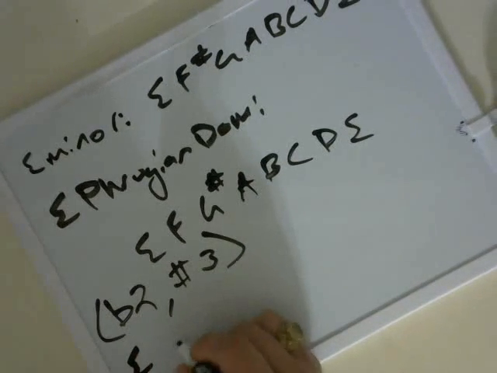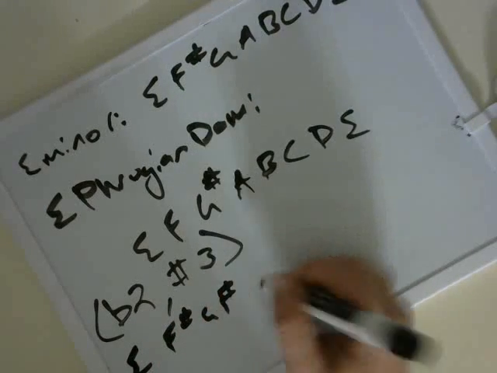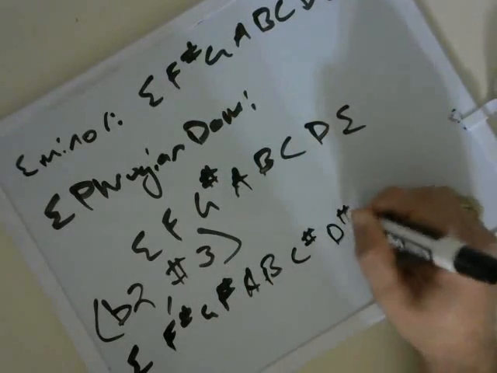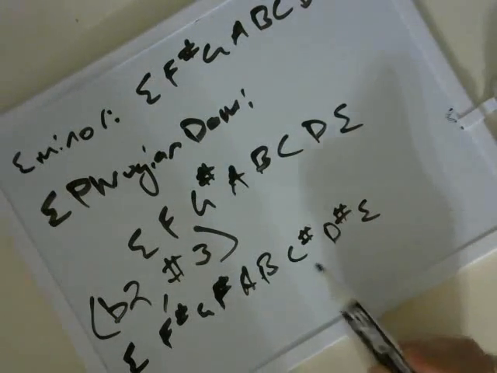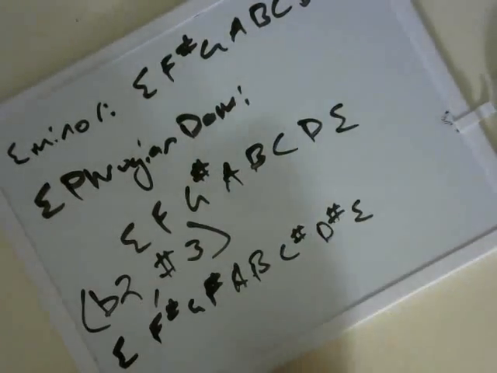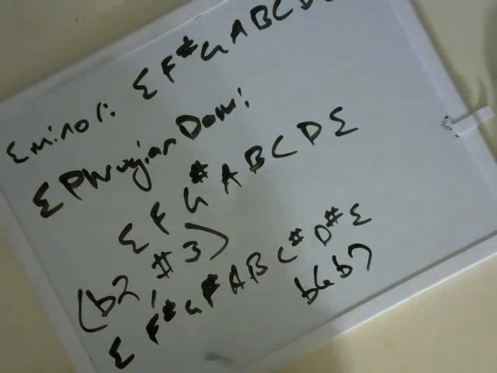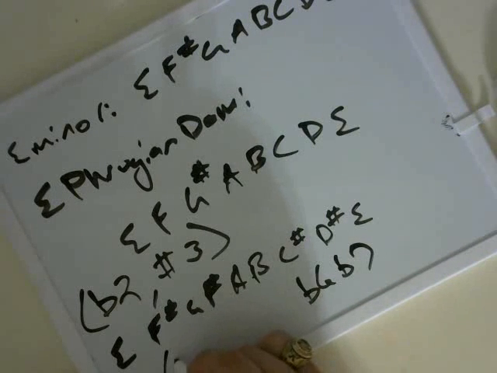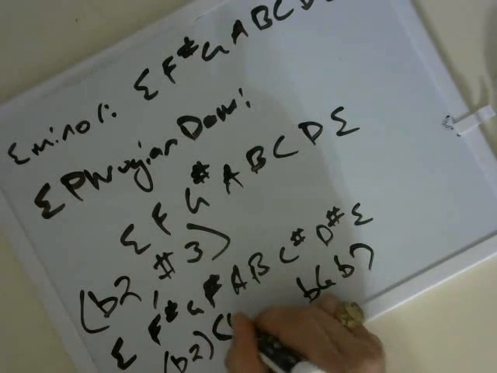So that's E, F sharp, G sharp, A, B, C sharp, D sharp, and E. In this case, we would have to lower the 6 and the 7, so flat 6, flat 7, and then again flat the 2, so flat 2, and raise the 3.